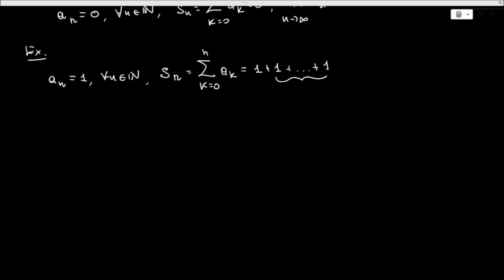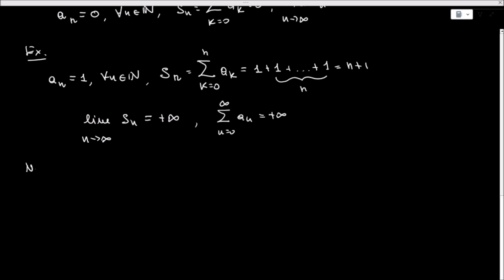So we have n of these plus the 1 that corresponds to k equals 0. So we can definitely say that this is basically n plus 1. Now, if we establish the limit as n goes to infinity of Sn, clearly this limit is plus infinity. So we can conclude that the series sum of n goes from 0 to infinity diverges, and we just say that this is plus infinity to say that this series diverges to plus infinity.